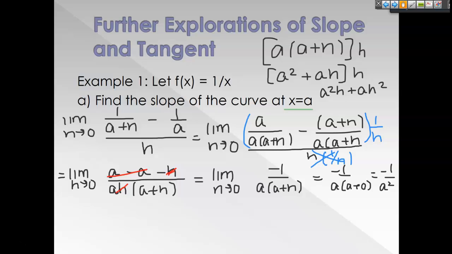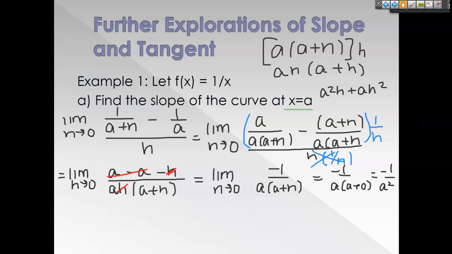If I told you to work backwards and take out the GCF, your GCF would be a h, leaving you with a plus h. So it's essentially just not distributing the GCF.